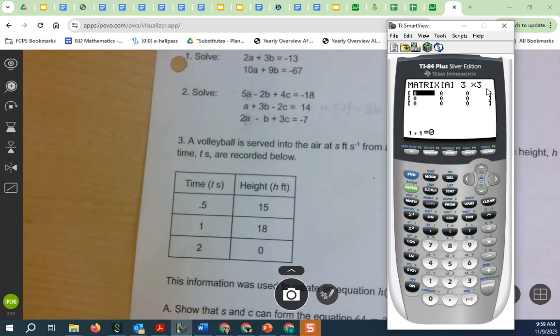And the numbers that are going to go into this matrix are the coefficients of A, B, and C. So I'm going to put 5, -2, 4. 5, enter. -2, enter. 4, enter. And then I'm going to put 1, 3, -2.